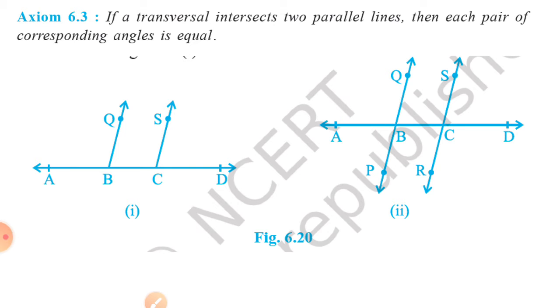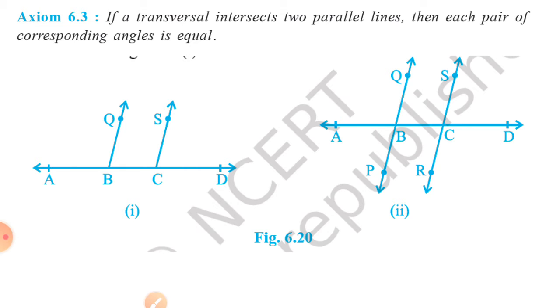Now, let us first discuss the converse of the axiom, which is as follows: if a transversal intersects two lines such that a pair of corresponding angles is equal, then the two lines are parallel. So it is the converse of axiom 6.3.